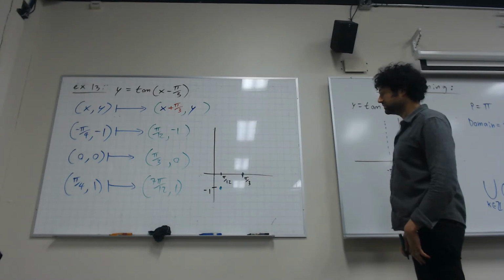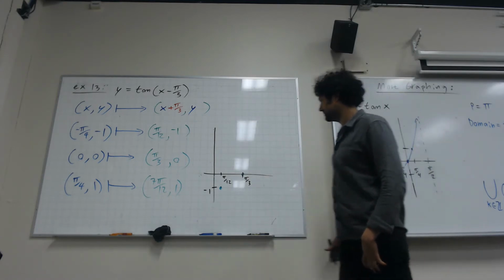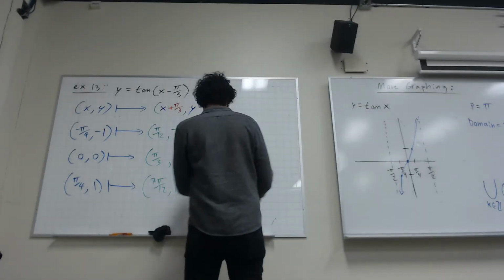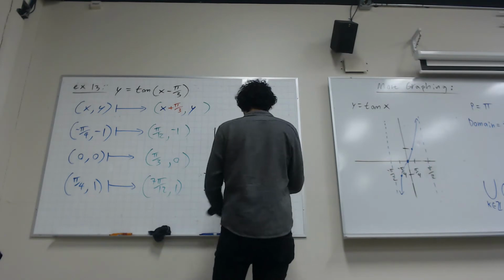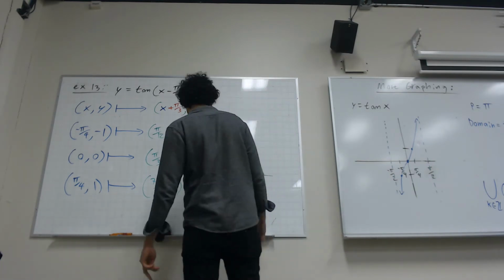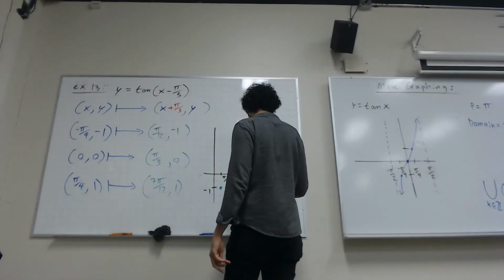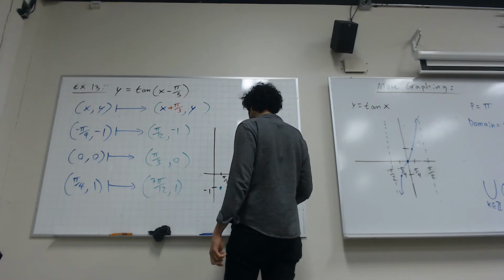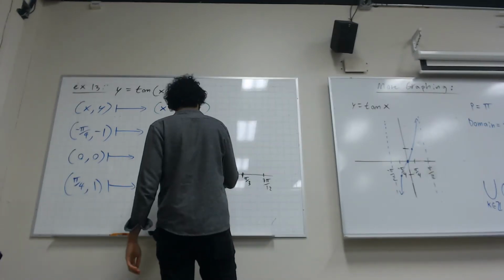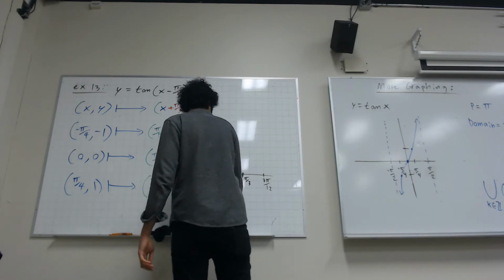Pi over 12 plus pi over 4 is pi over 3, so that's all good. And then another 1, 2, 3 will get us here to 7 pi over 12. And then we're going to put 1.